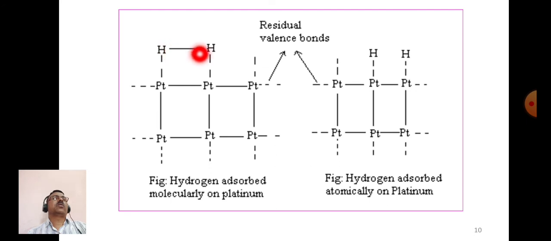So the hydrogen undergoes dissociation and adsorbs atomically at the surface of platinum, and it is nothing but chemisorption. So this one is physically adsorbed and this one is chemically adsorbed. The first figure indicates hydrogen adsorbed molecularly on platinum, whereas this figure indicates hydrogen adsorbed atomically on platinum, and these dotted lines indicate the residual valence bonds.